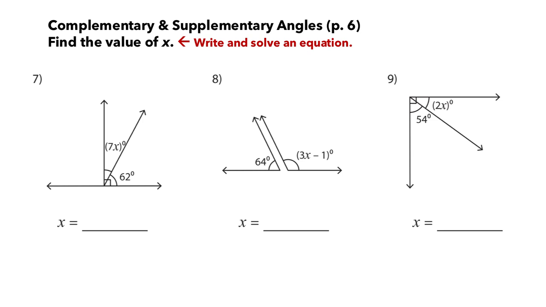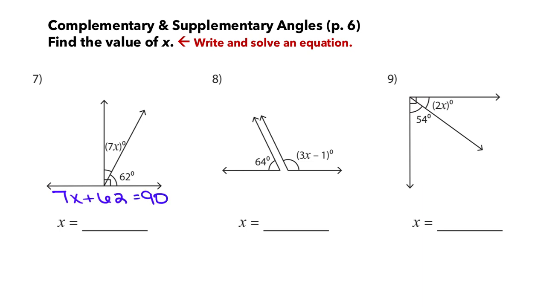So on number 7, what equation did you write for this particular problem? Chase: 7x plus 62 equals 90. Very good. Why did you not use 180?